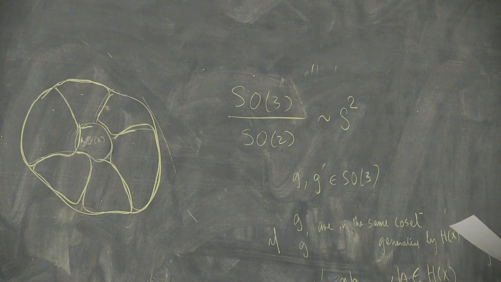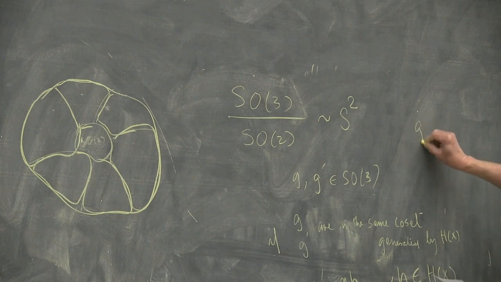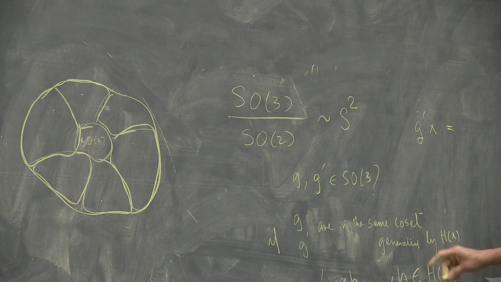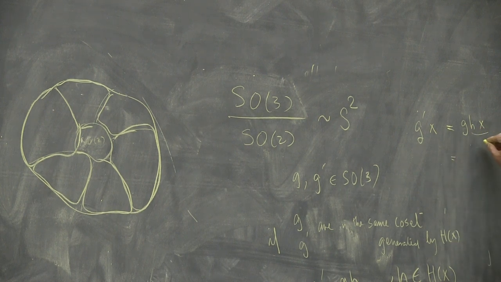Now, you can show that these two elements, G and G prime, have the same effect on X, because G prime acting on X is equal to, since G prime is GH, GH acting on X. But since H is in the isotropy subgroup, HX is just equal to X. So G prime X is equal to GX.